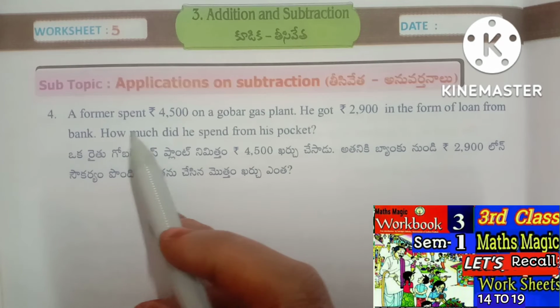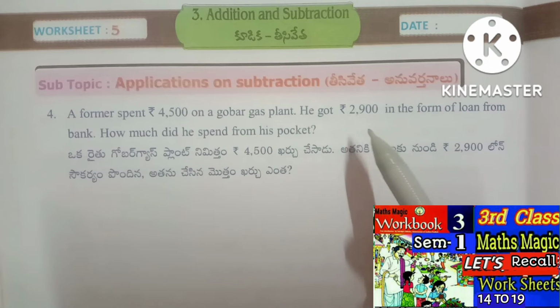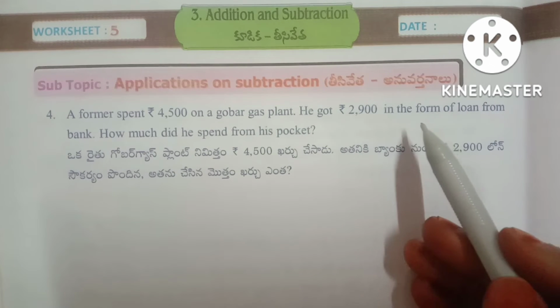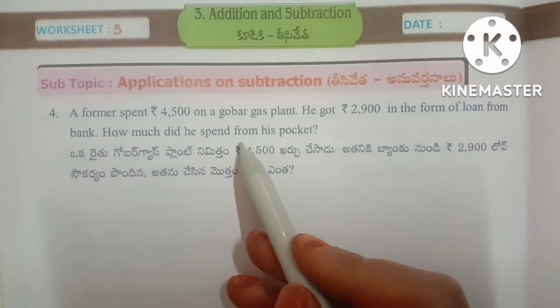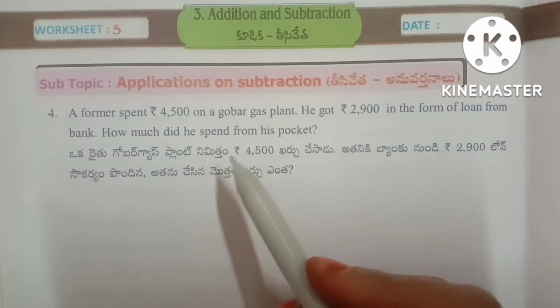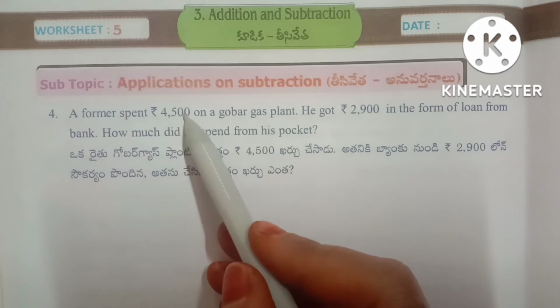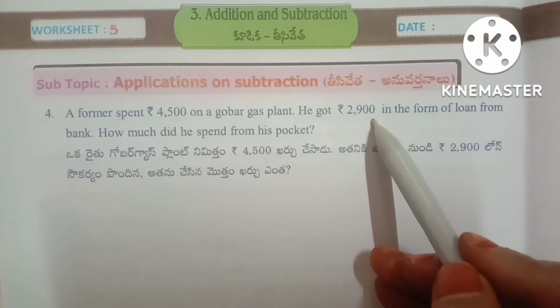Next question. A farmer spent 4,500 rupees on a gobar gas plant. He got 2,900 rupees in the form of loan from bank. How much did he spend from his pocket? Total amount spent for gobar gas, that equal to 4,500. Amount of loan from bank, that equal to 2,900 rupees.